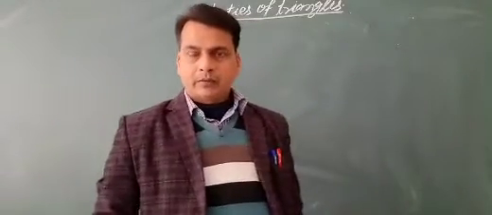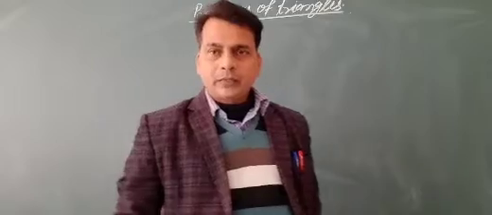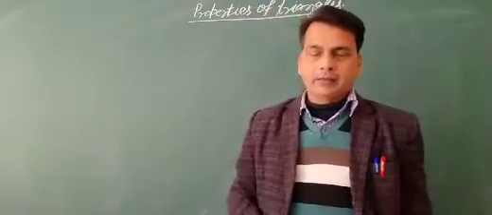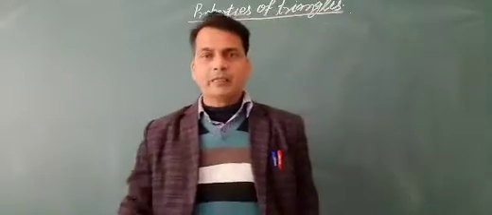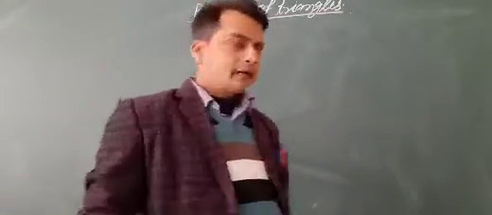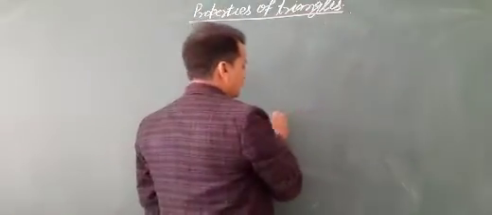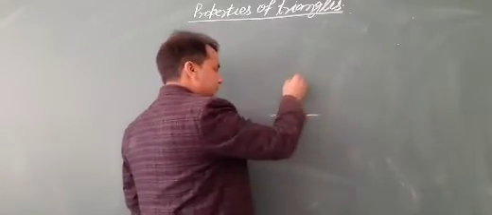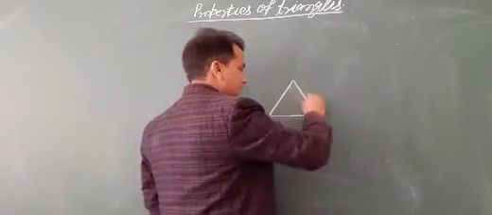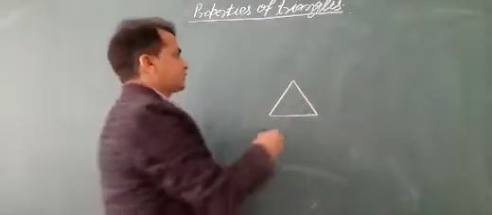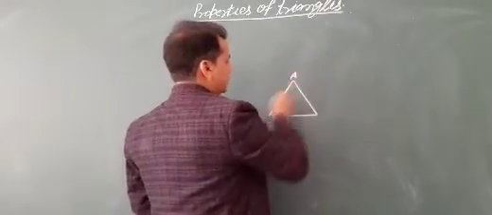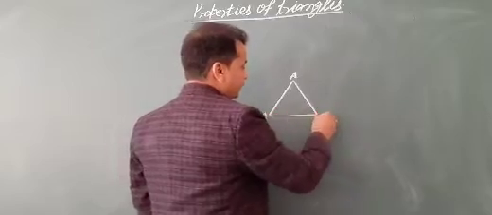First of all, we know that a triangle is bounded by three line segments, and it has three sides and three vertices.